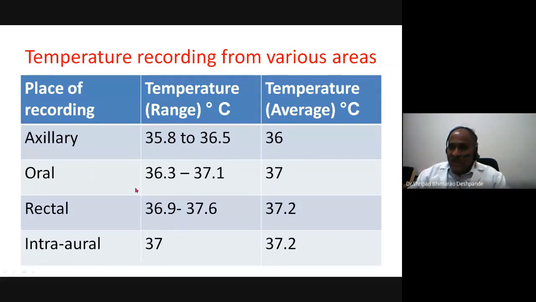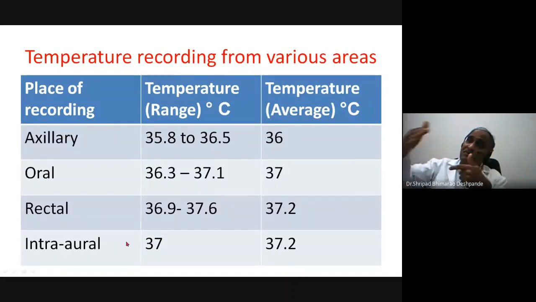Now, there is another place where we can record the temperature, what is called the tympanic temperature. You insert the thermometer probe into the auditory canal and record the temperature. There are preferences at times because the tympanic temperature is close to the hypothalamus.